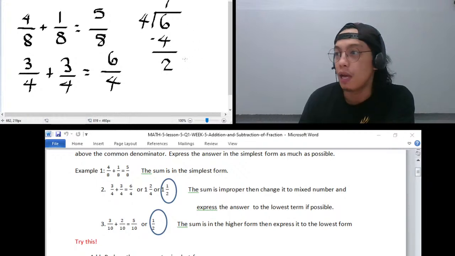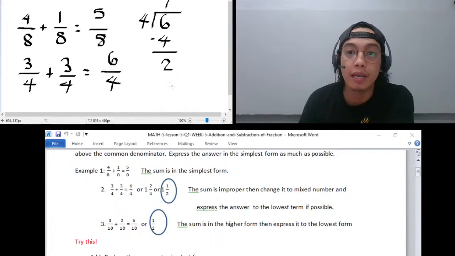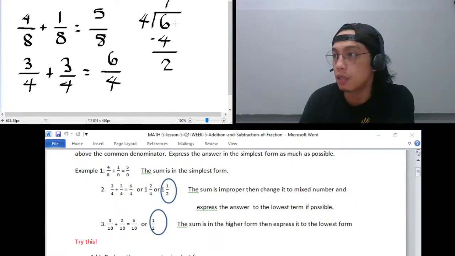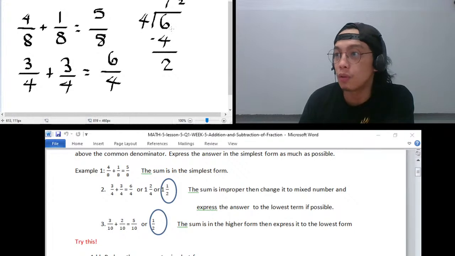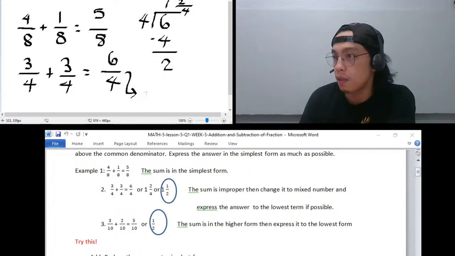The remainder becomes the numerator, and we copy the denominator 4. So the answer is 1 and 2 over 4.